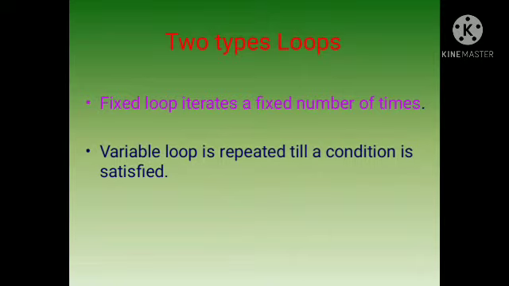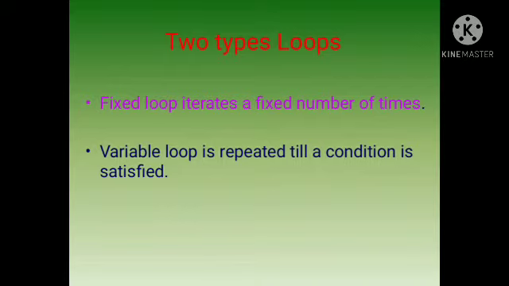Then whatever statements are below, or whatever answers we have to show, the computer will show using this condition. And once the condition gets false or is not satisfied, then the loop will stop. Then the computer will stop displaying whatever we want to display on the screen.